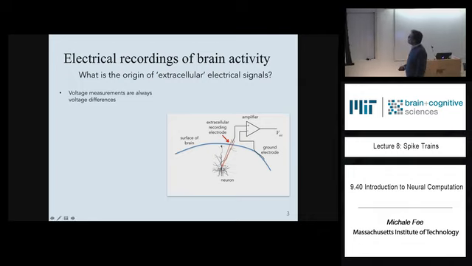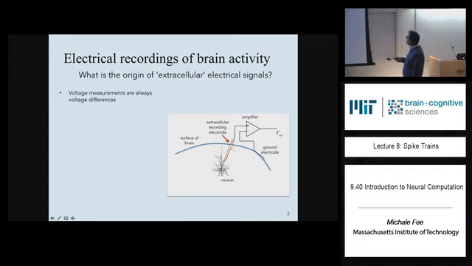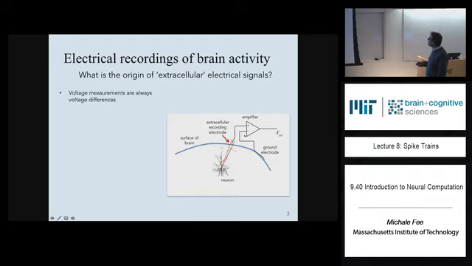So recall, of course, that when we measure voltages in the brain, we're always measuring voltage differences. So when we place an electrode in the brain near a cell, we connect that electrode to an amplifier. Usually we use a differential amplifier that provides us with a measurement of the voltage difference between two terminals, the plus terminal and the minus terminal.